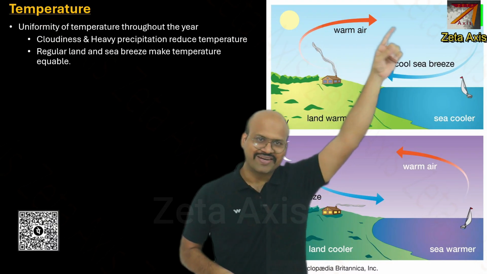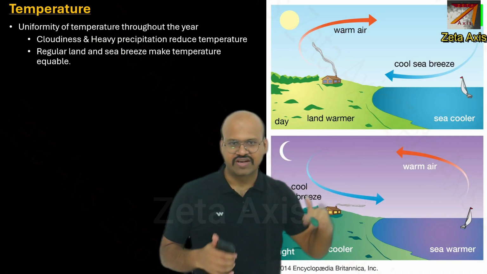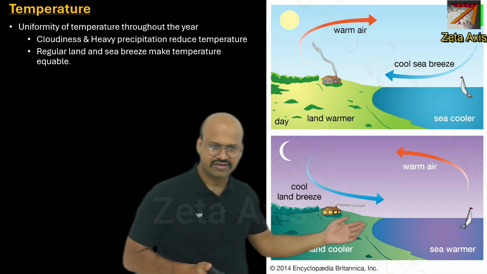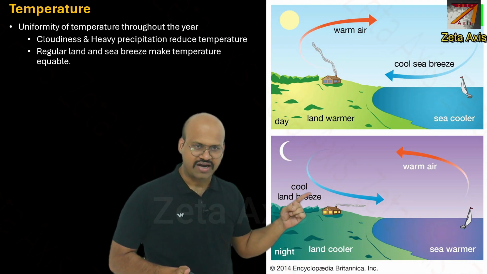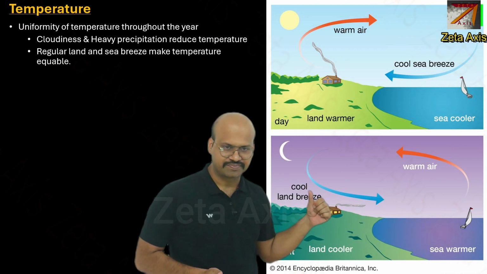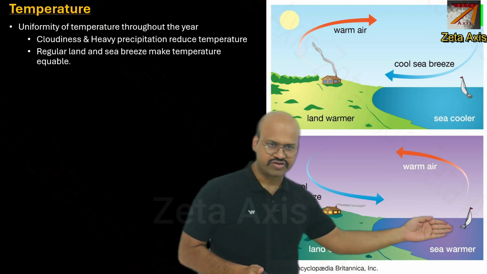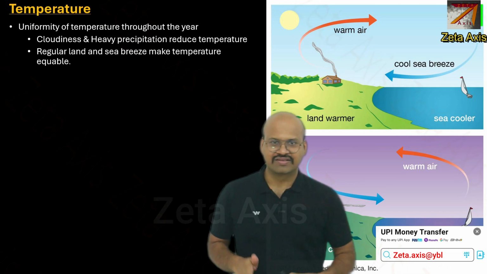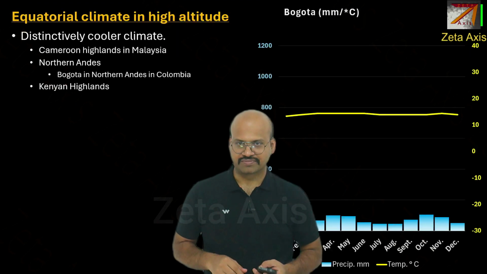During the night the land is cooler and the sea is warmer, so the reverse happens. Wind blows from the land towards the sea, and the cooler air decreases the temperature of the sea, while the warmer air comes here and increases the temperature of the land. That is why the temperature remains relatively uniform throughout the year.